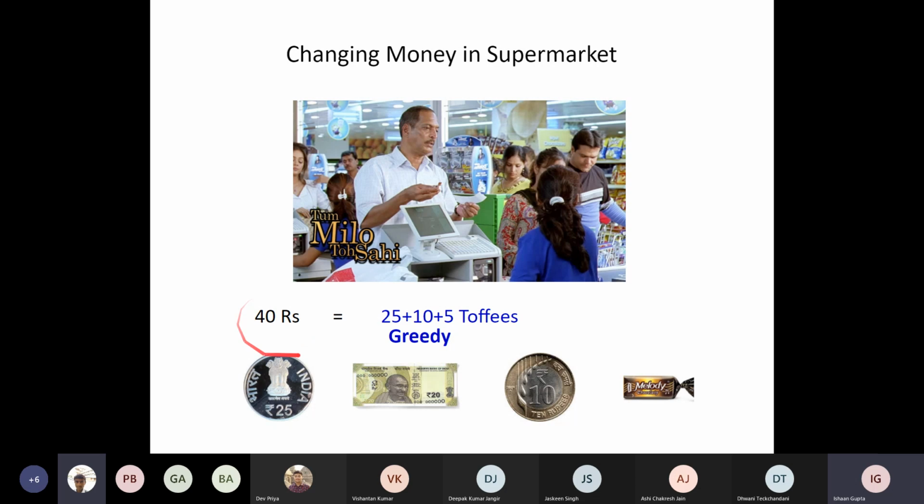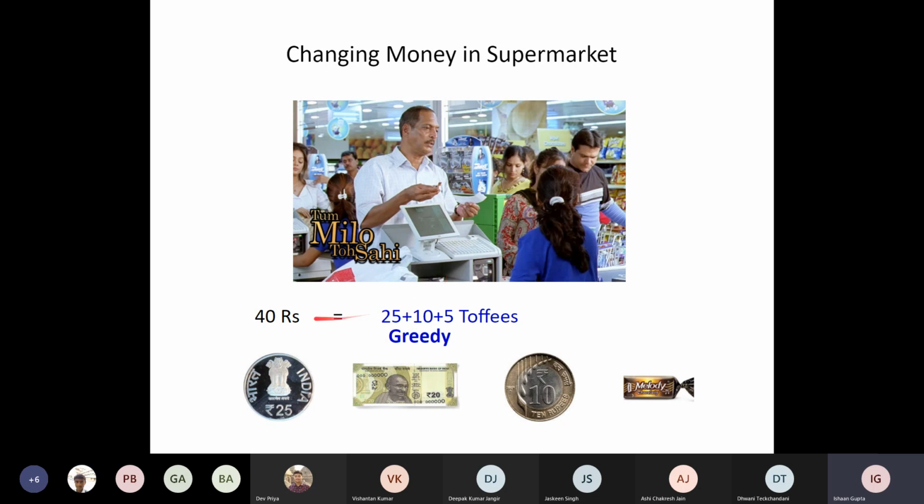So let us say you have 40 rupees and let's assume that in the very near future we are going to have a 25 rupee coin. These are the denominations which are available. Very often you will end up with 5 toffees because the shopkeeper is going to employ the greedy algorithm, which works for him and is not good for you.